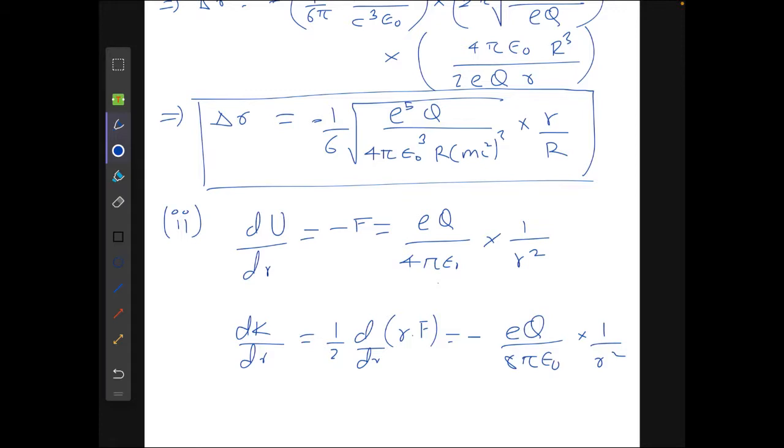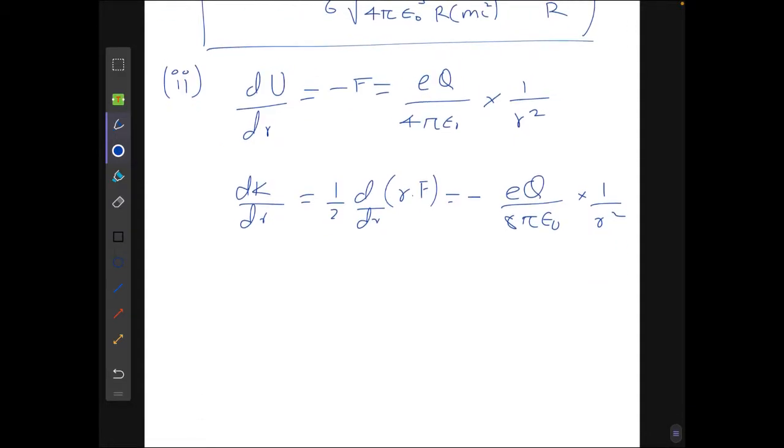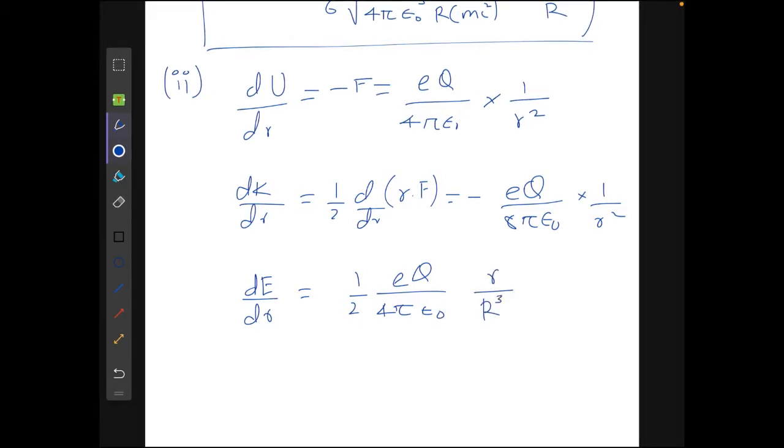And again, working out similar calculations, we get dE by dr as the sum of these two, which equals half of eQ by 4 pi epsilon naught multiplied by small r over capital R cube, which equals minus P times the time period, where P is the power radiated and T is the time period.